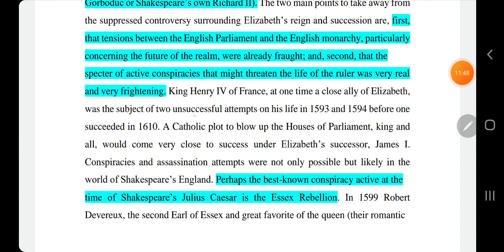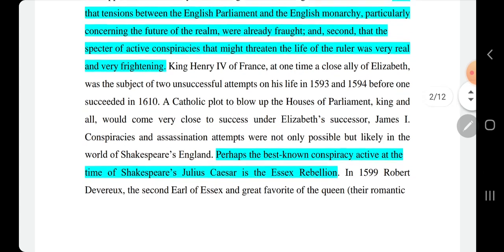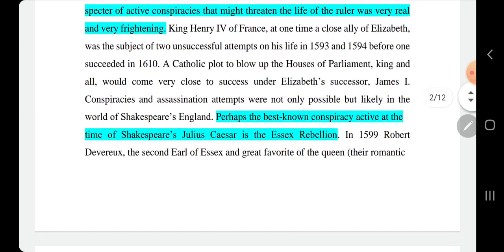So what's happening here, student, is that King Henry went through two attempts of assassination, or two conspiracies. Two were unsuccessful, unfortunately, but the last one succeeded in 1610.